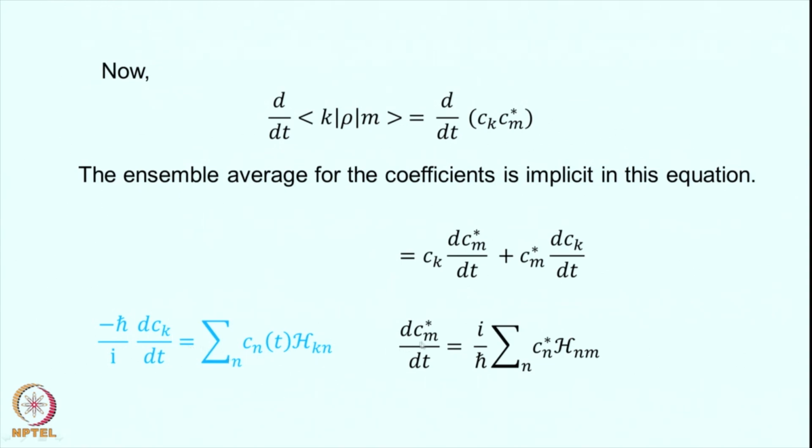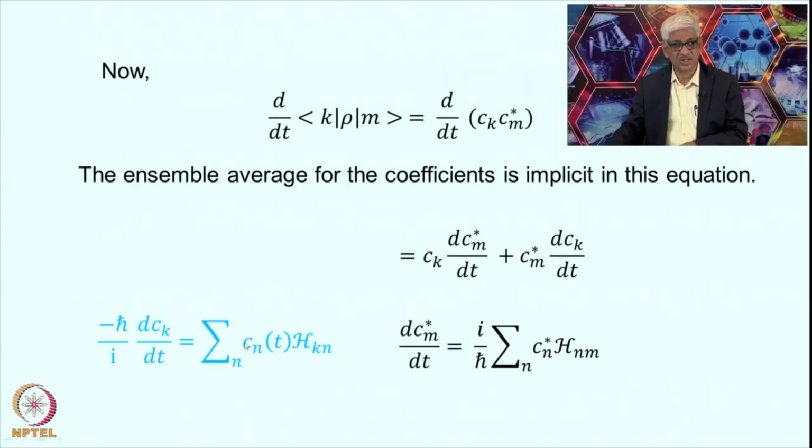When I do that, the minus i by h cross becomes i by h cross, and the coefficient Cn becomes Cn star, and the matrix element has to be turned around, so it becomes Hnm. That is, instead of k, m will come to the other side: dCm star will have m on this side and n on this side, because that is what happens when you take the complex conjugate of this matrix element.